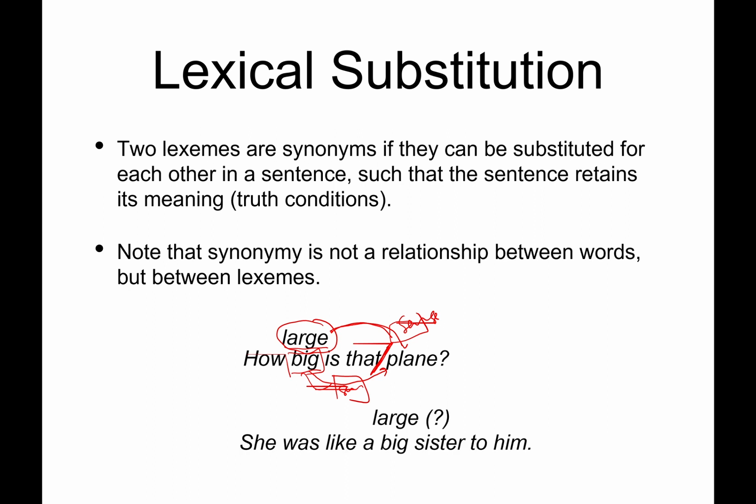However, if you say she was like a big sister to him, now big is used in a different way, and these two lexemes are not synonyms anymore, and you cannot say she was like a large sister to him. Okay, so remember that it's two lexemes that are synonyms, it's not two words.